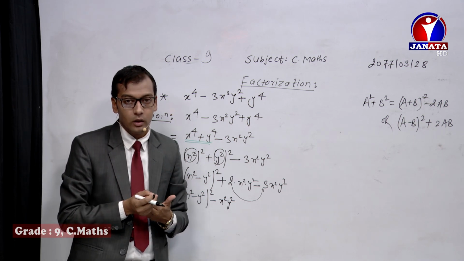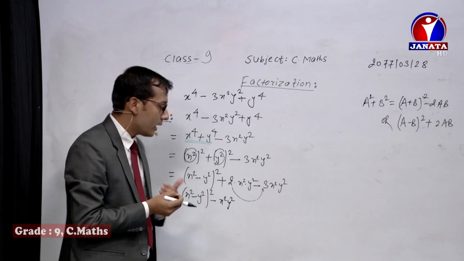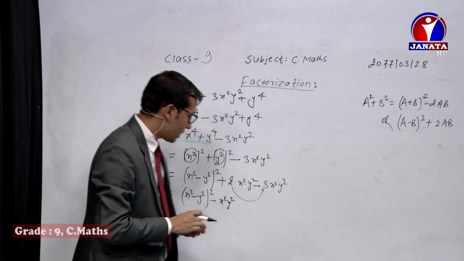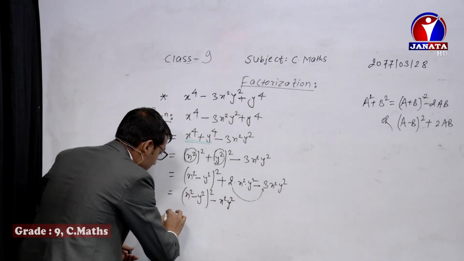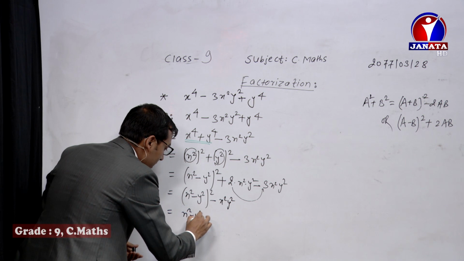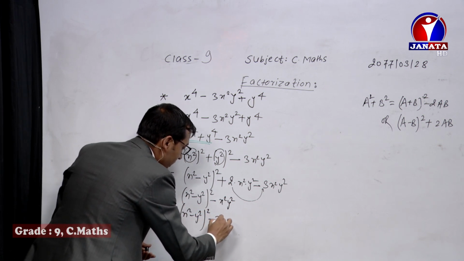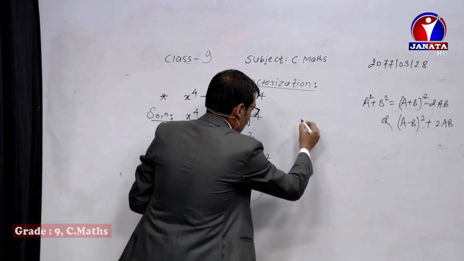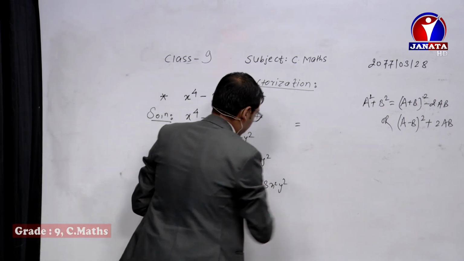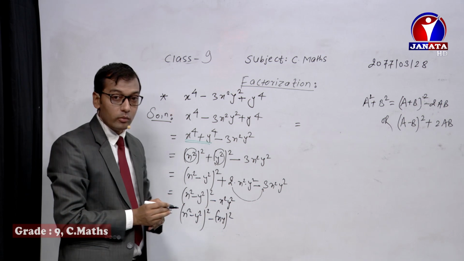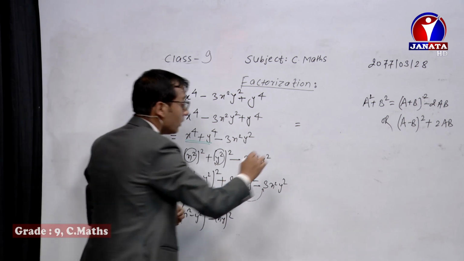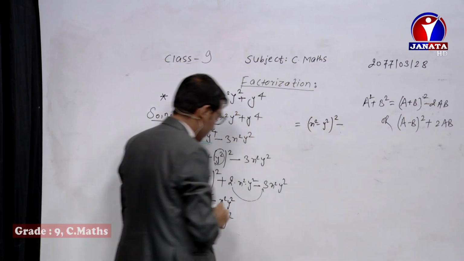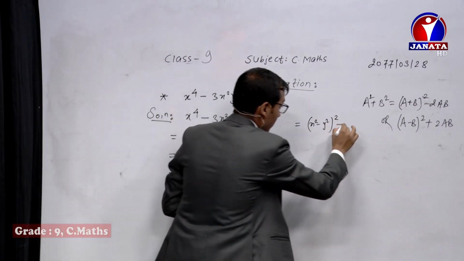There is no further factorization process. That's why I am using the second expanded form for its factorization. X square minus y square whole square minus, let's write xy whole square. So therefore, now we are able to convert into a square minus b square form. It's x square minus y square whole square minus xy whole square.